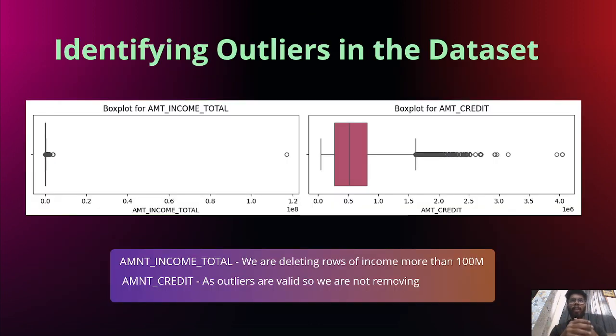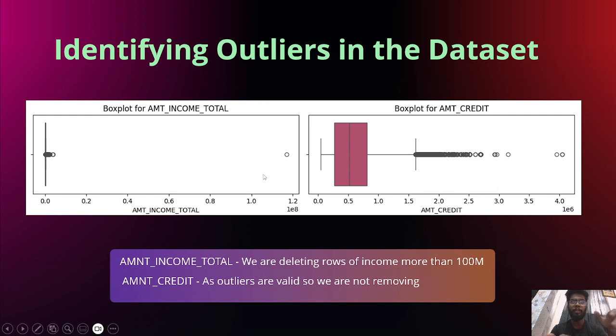Next is identifying outliers. Outliers can skew the data, so before analyzing the data we have to remove them. But for some variables, outliers are valid points, so we can't delete them.